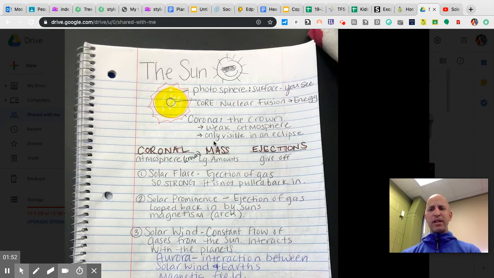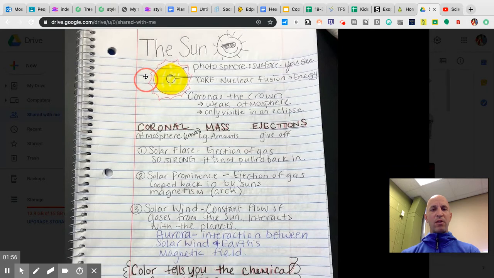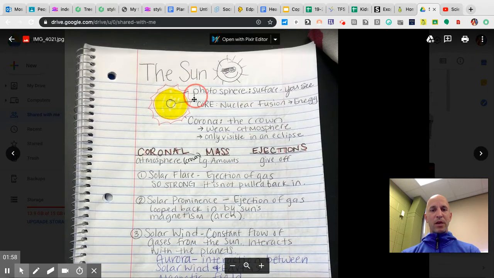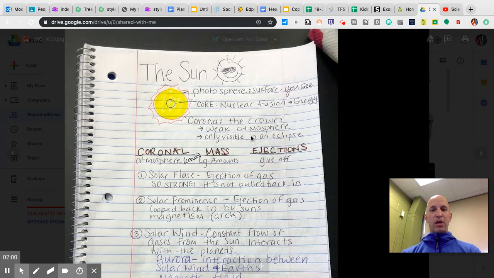And the next part I want you to label is the corona, and that's this red part going around the sun right here. Remember, the corona means the crown. That's the weak atmosphere surrounding the sun. It's only visible in an eclipse. So in some of those pictures we showed you where the eclipse was going across the sun, you could see the corona coming around it.